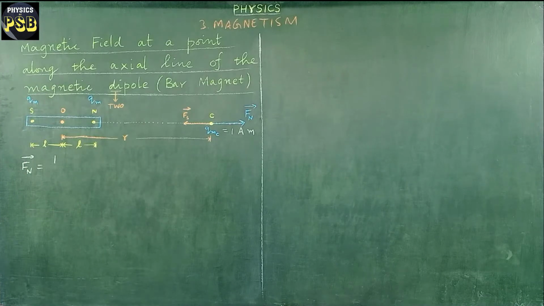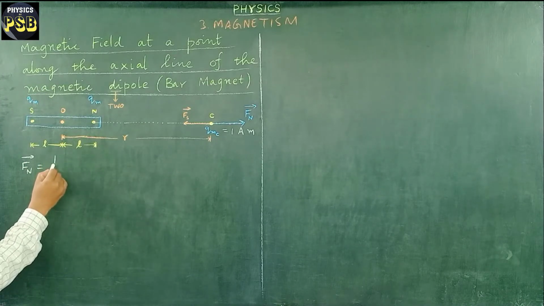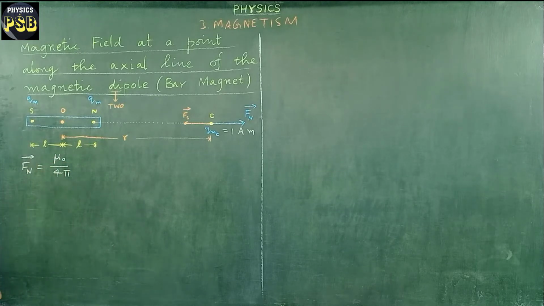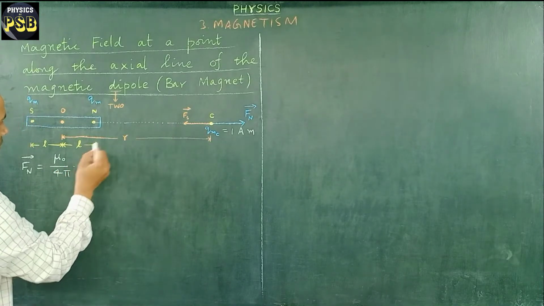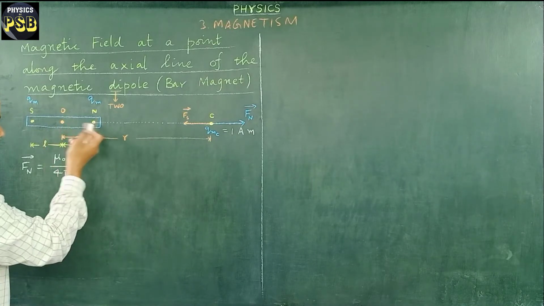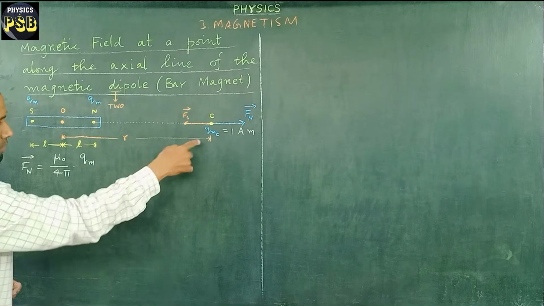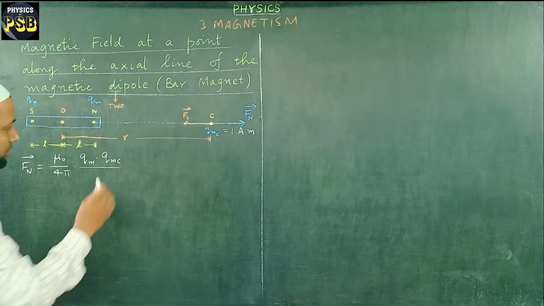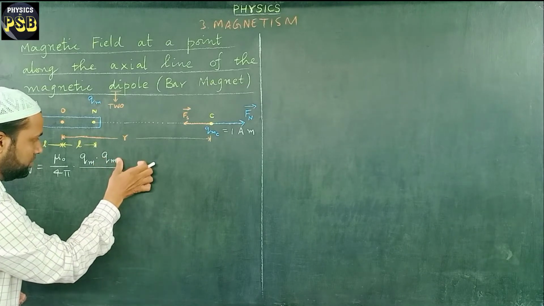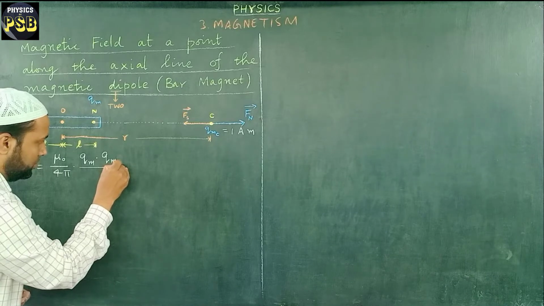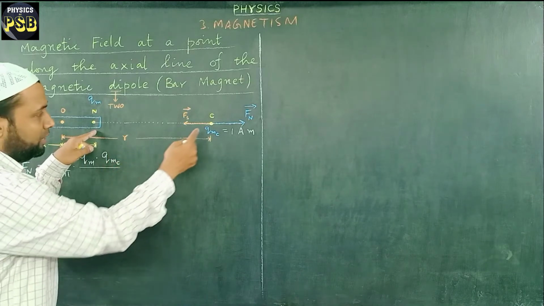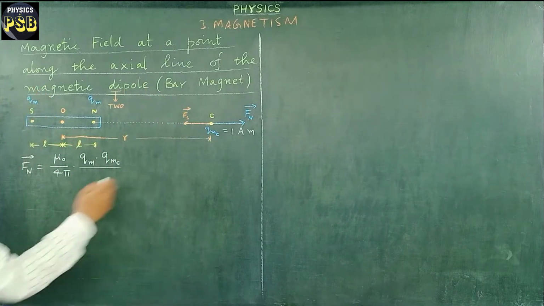Okay. So it is mu naught upon 4 pi into the pole strength of this one. I take this one first, it is QM. This pole strength is QMC, divided by the distance between this north pole and point C. What is that?